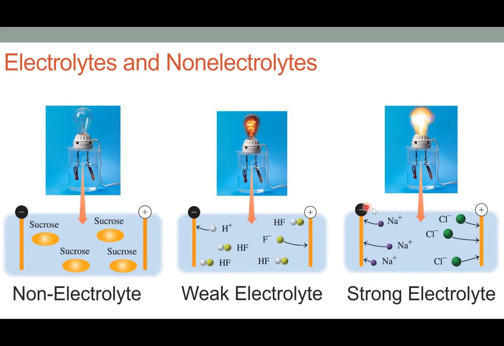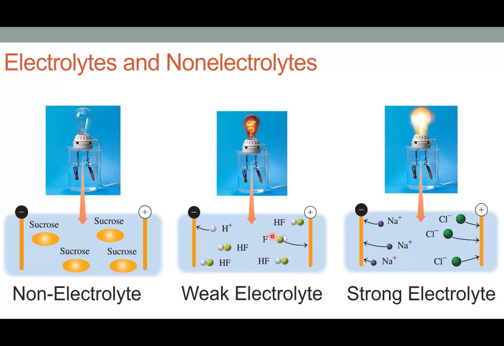The difference, if we look at the molecules, is this. In a strong electrolyte, we see that every particle of sodium chloride is broken apart. So we see 3 sodiums, 3 chlorines, everything is dissociated or broken apart. In a weak electrolyte, we see some of the particles have broken apart. So here's one where we have a hydrogen and a fluorine broken apart.